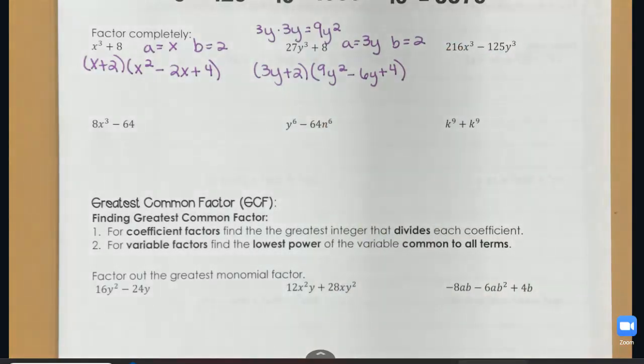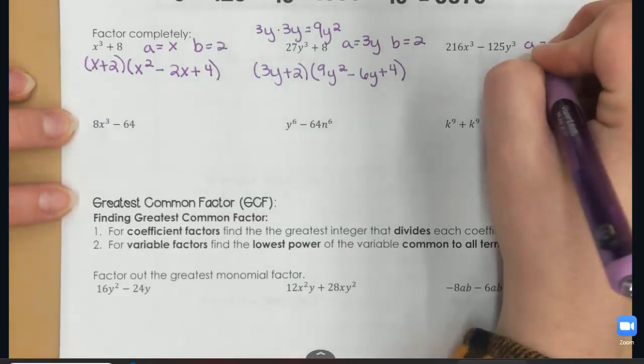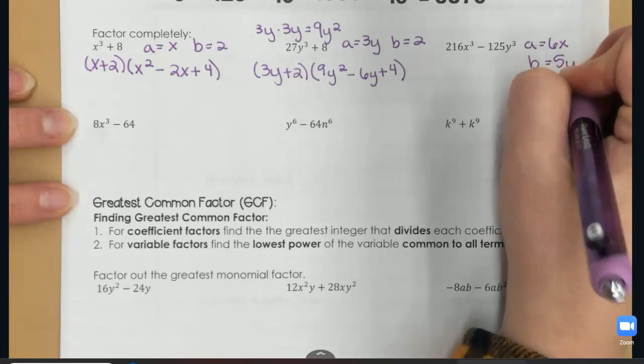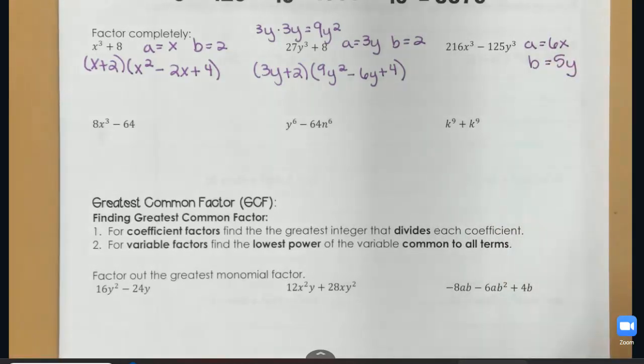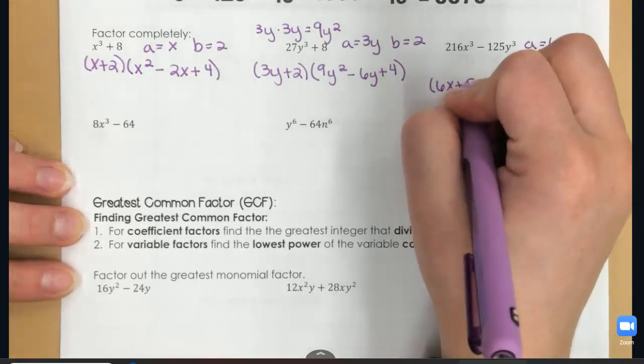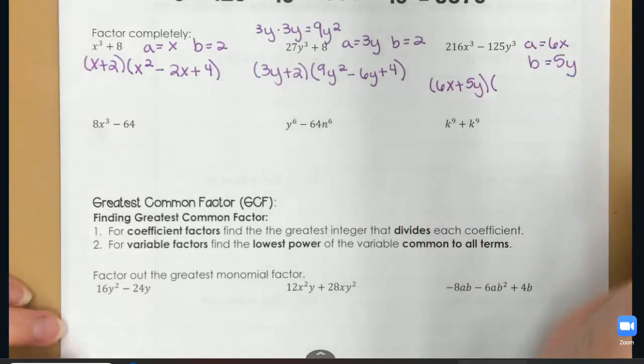All right, 216x cubed minus 125y cubed. A is going to give us 6x this time, and b is 5y. So again, using my sum of cubes formula, a plus b, 6x plus 5y, times a squared.